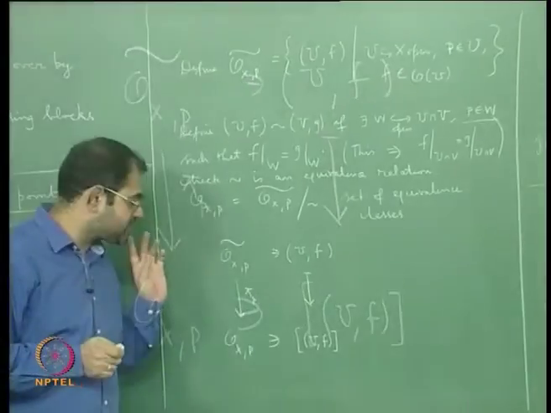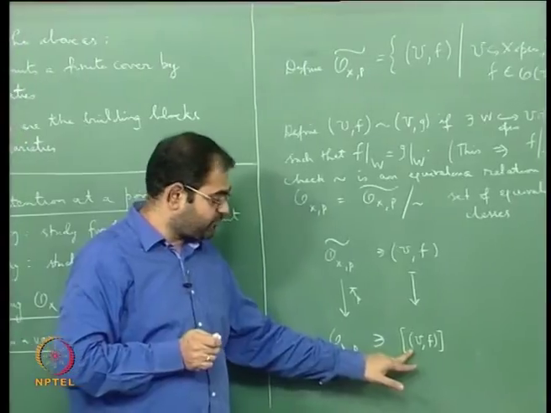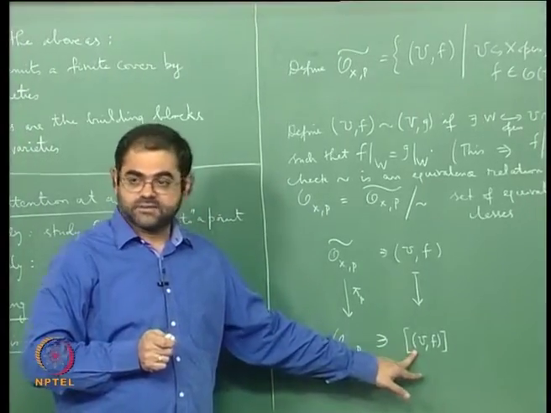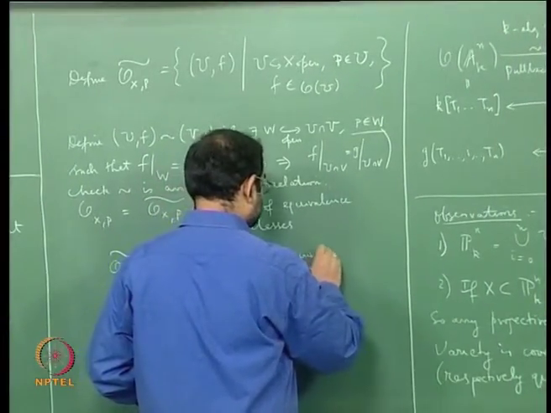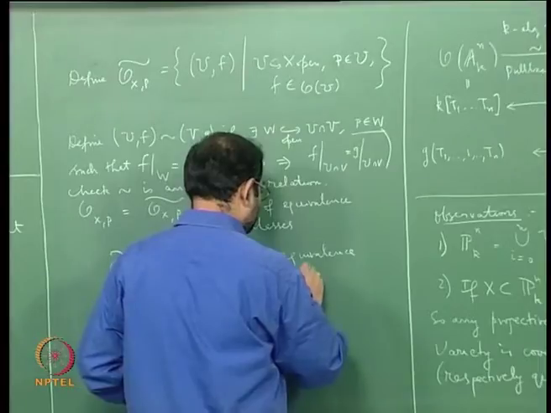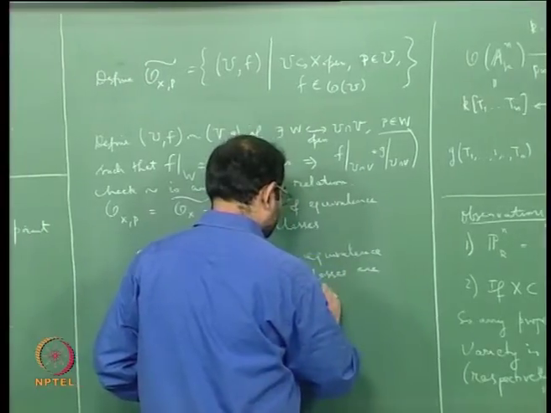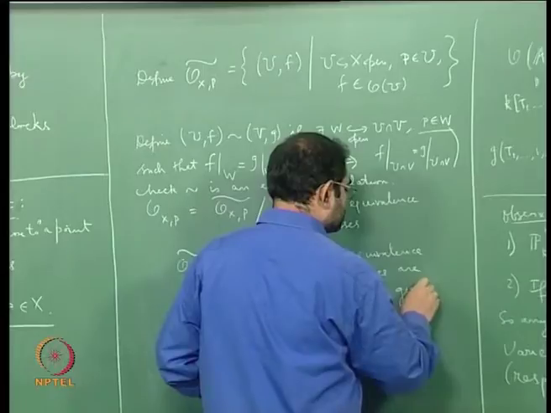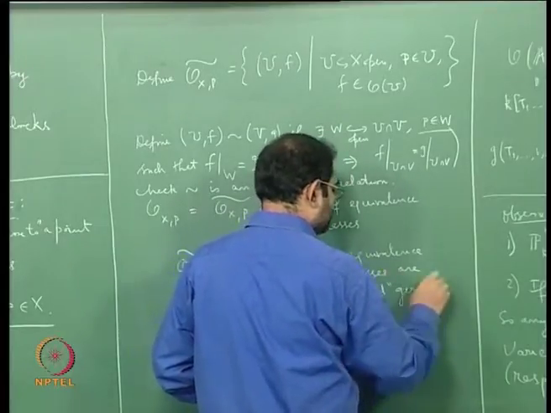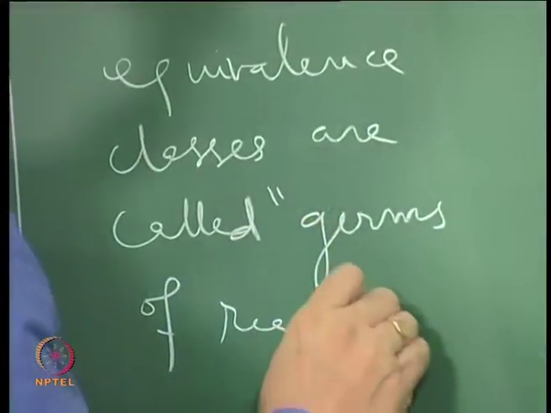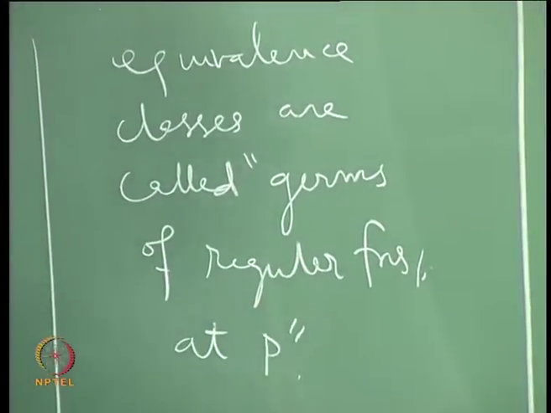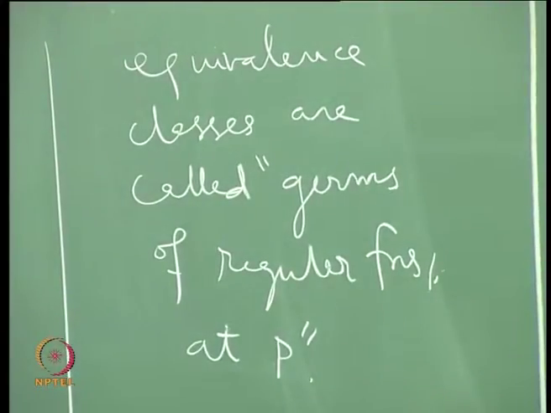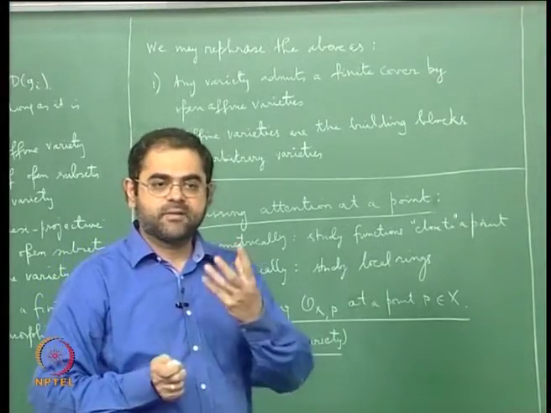Now there are two things I want to tell you. First, there is a name for these equivalence classes. They are called germs of regular functions at P. A germ of a regular function is represented on some neighborhood of the point by a regular function.